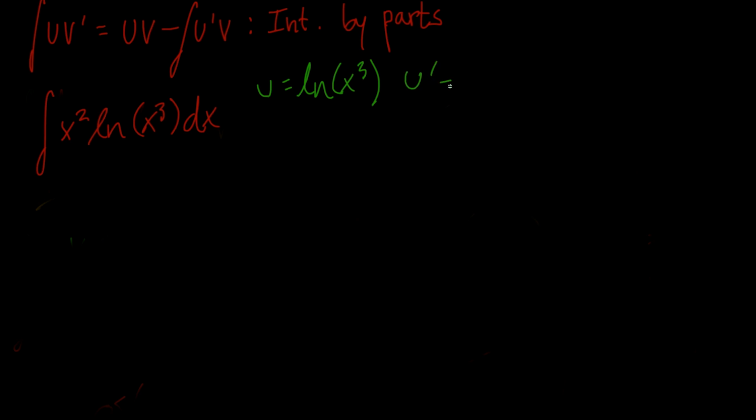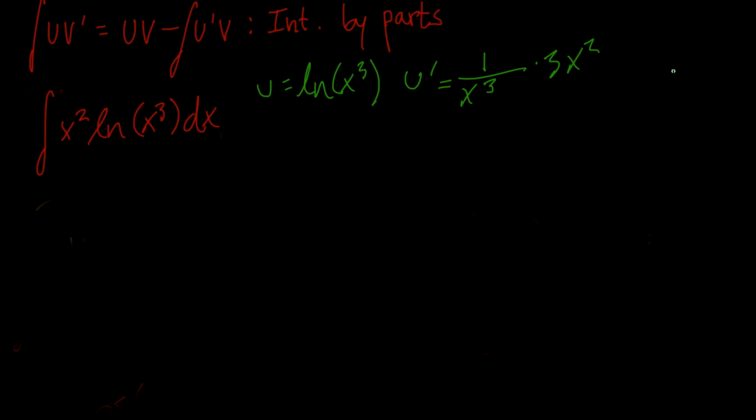And so the derivative is just going to be the outside function, which is ln, so we get 1 over x cubed, because the outside function is ln of your function, times the derivative of the inside function, which is x squared. The inside function is x cubed, so we multiply by its derivative, 3x squared.